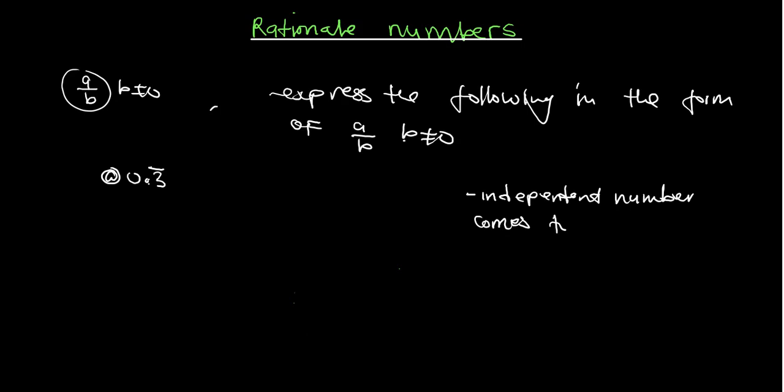We said a and b don't have a common factor; they are in the lowest terms, meaning they don't have any common factor.